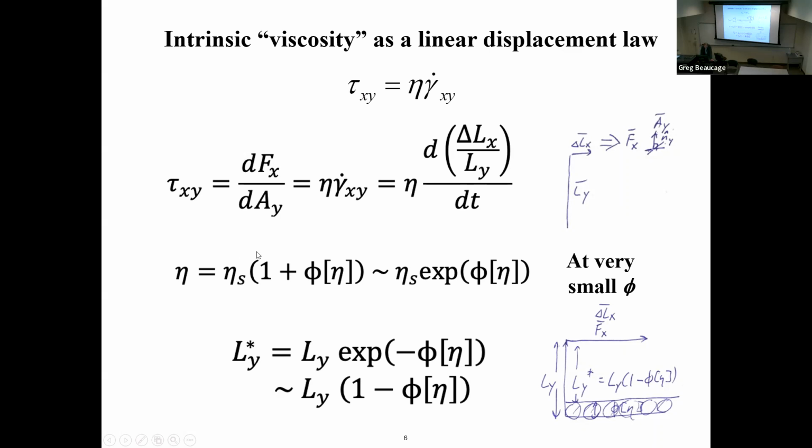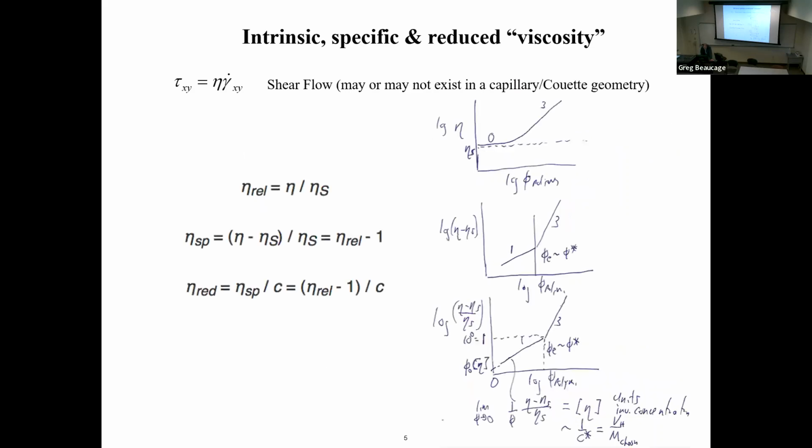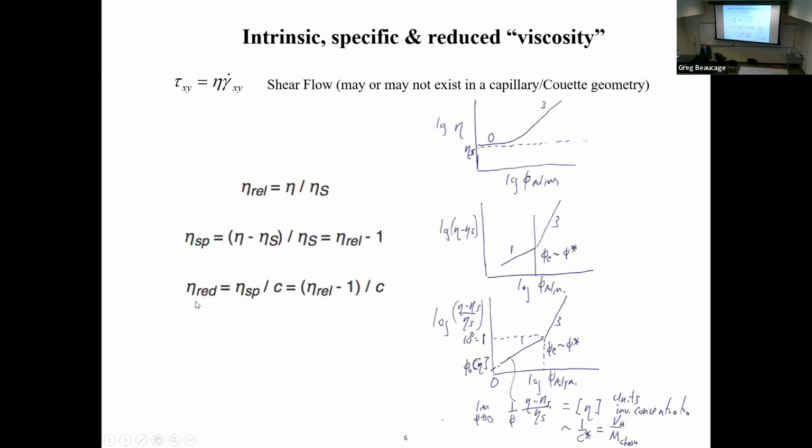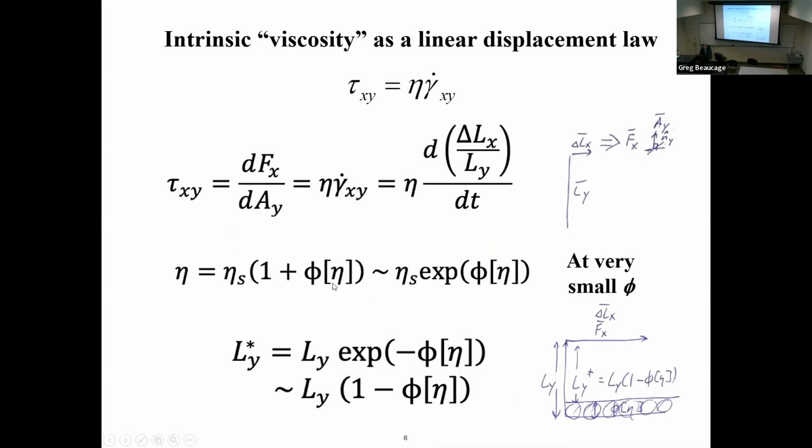So that's where you get this definition of intrinsic viscosity. If you take your viscosity equation, you subtract the solvent, which is the one part, and then divide by the solvent. So you have the viscosity minus solvent divided by solvent. That's this guy, right? And then you take the limit as the concentration goes to 0.